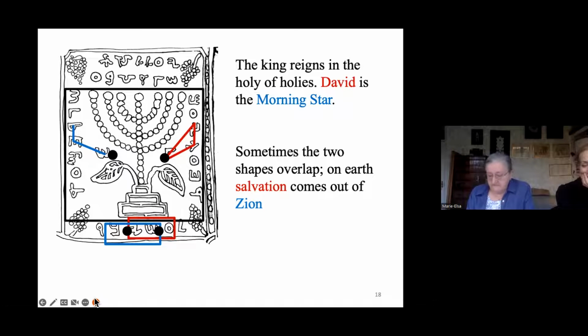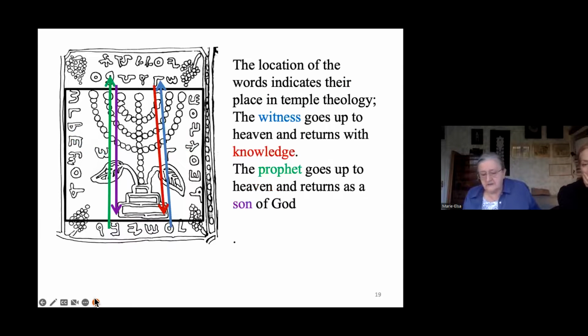Now that's a very simple piece of reading. Let's get a little bit more complicated now. Here we've still got the Holy of Holies, and we've got things happening between the bottom line, which is the earth, and the top 2 lines, in fact, just the lower of the 2 lines here, and exact mirror image.